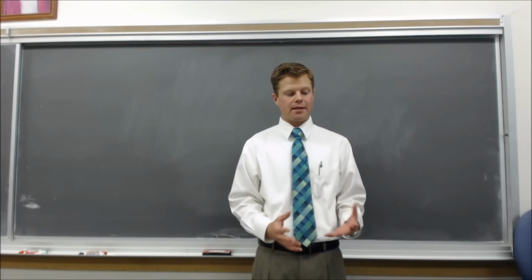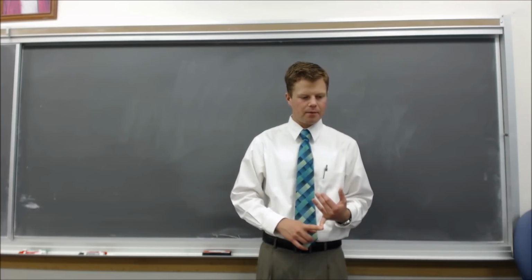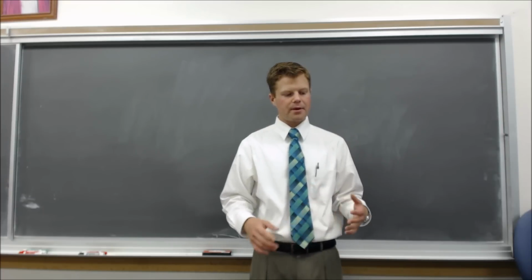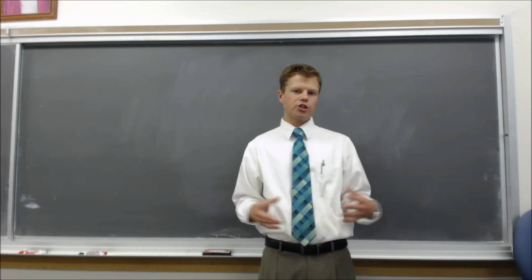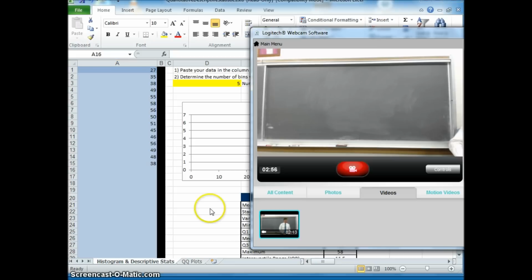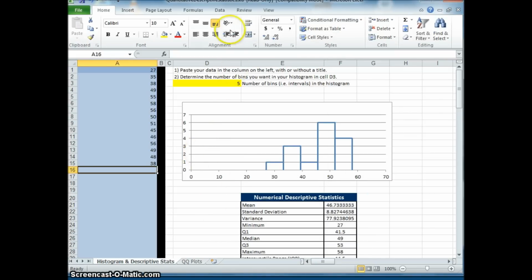Part C, describe the data. Graph the data on a histogram, sketch the histogram below, or cut and paste your electronic copy. Okay, we're going to show you how to do that on Excel. If you open up your quantitative descriptive statistics and then type in the data here in the left-hand column, make sure that you're on the histogram and descriptive stats section down here at the bottom, then it automatically generates the histogram for you.